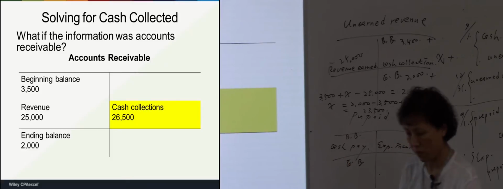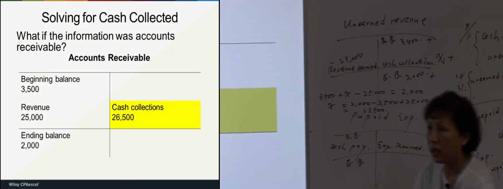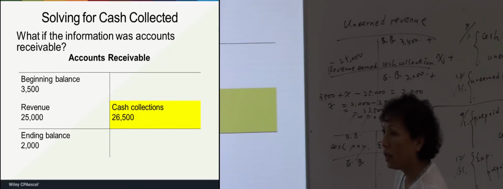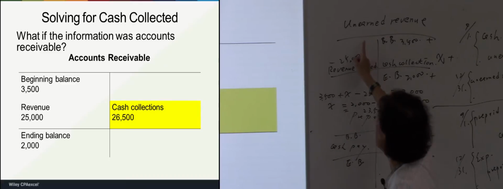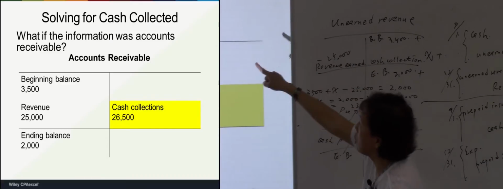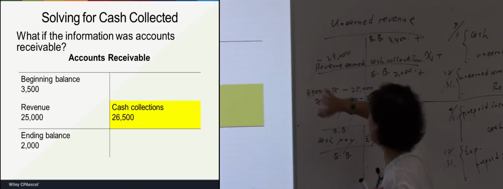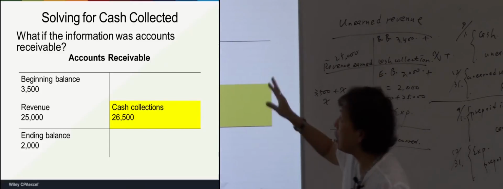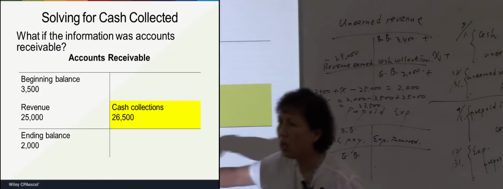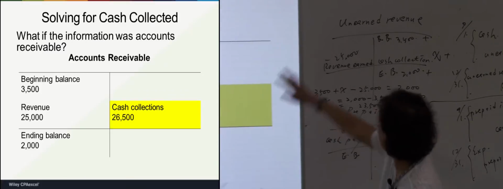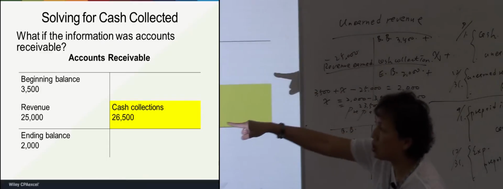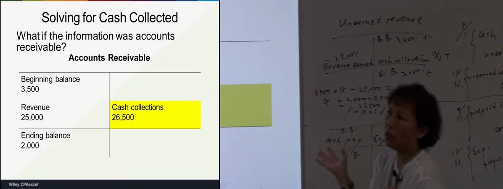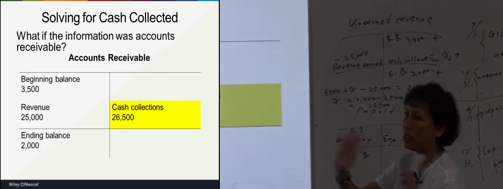Sometimes the question gives you information about unearned revenue, and sometimes the question tells you accounts receivable. But no matter which, the concept you should apply to solve the question is exactly the same.